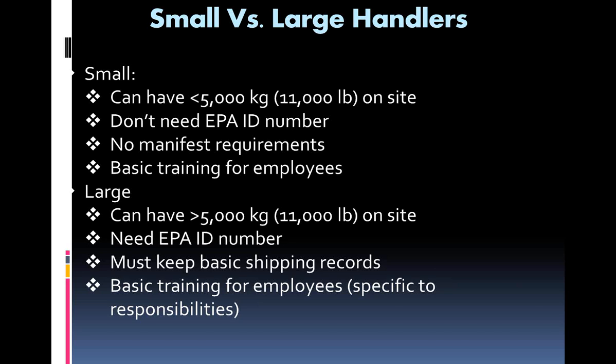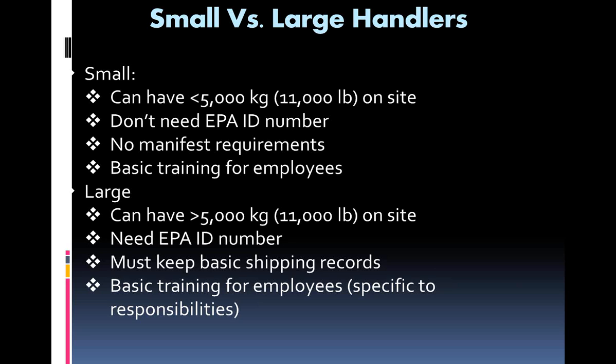Large quantity handlers can have more than 5,000 kilograms or 11,000 pounds on site. There's not really a specific amount for how high it can go. It's just anything greater than 5,000 kilograms. They do need an EPA ID number.